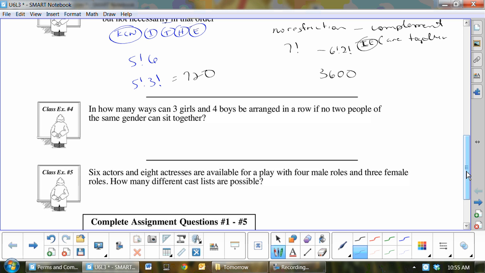Any guesses? Okay, now when in doubt, what should you always try and use? What should you always use when in doubt? I told you this works, the fundamental counting principle, all the time.